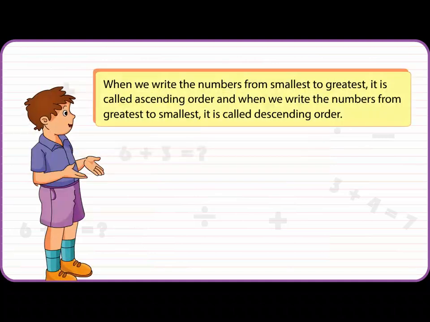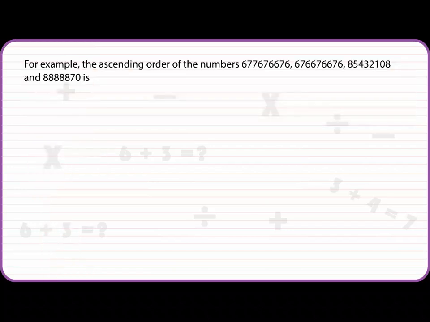Ascending and descending order. When we write the numbers from smallest to greatest, it is called ascending order, and when we write the numbers from greatest to smallest, it is called descending order. For example, the ascending order of the numbers 67 crore 76 lakh 76,676, 67 crore 66 lakh 76,676, 8 crore 54 lakh 32,108, 88 lakh 88,870.